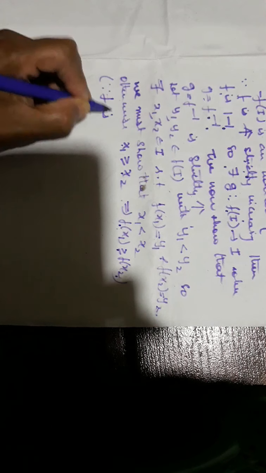Why? Because f is strictly increasing, so by the definition, x1 greater than or equal to x2 implies f(x1) is greater than or equal to f(x2). This implies that y1 is greater than or equal to y2, which is not true, because we have taken y1, y2 belonging to f(I) with y1 less than y2.